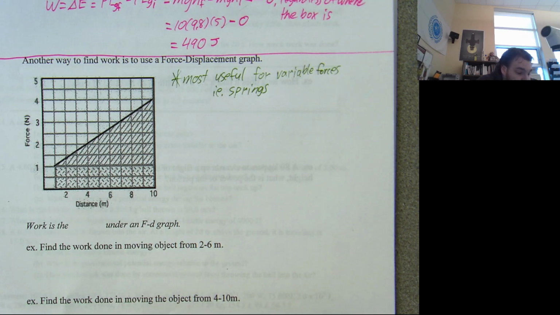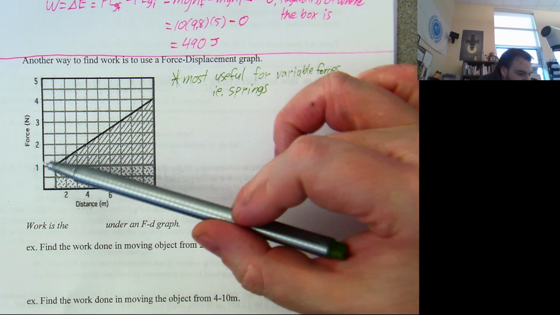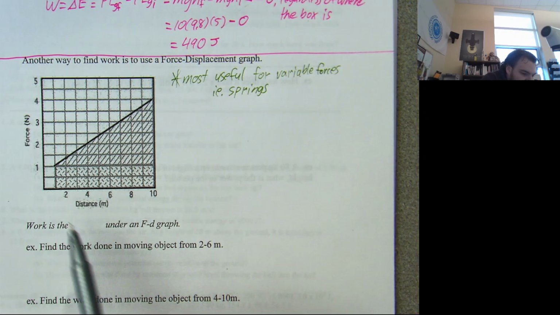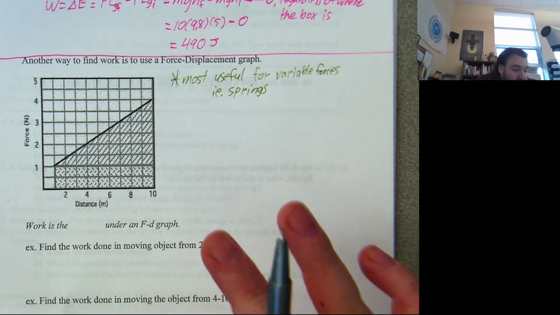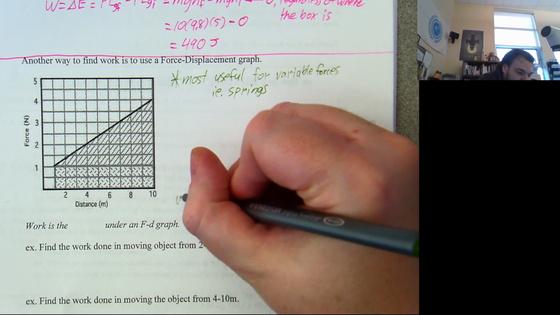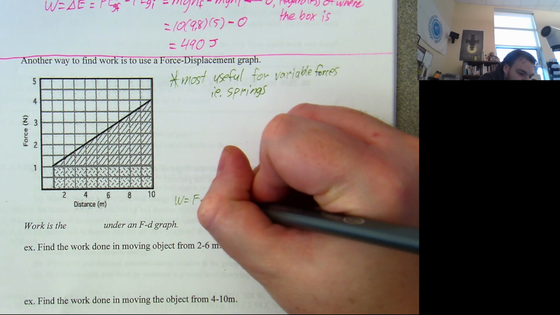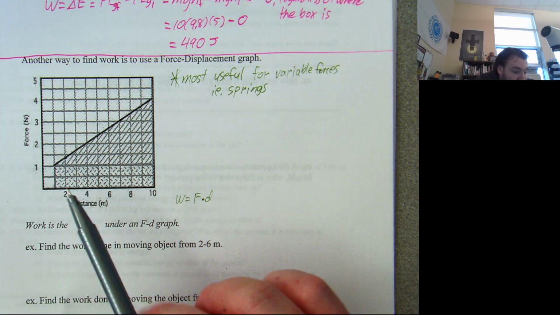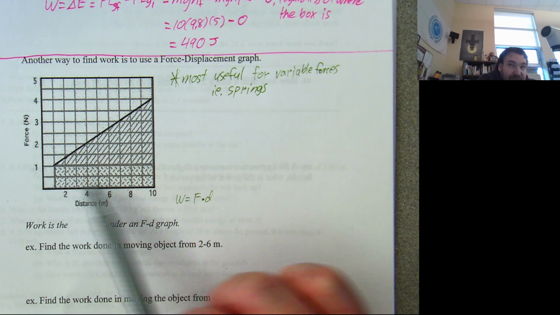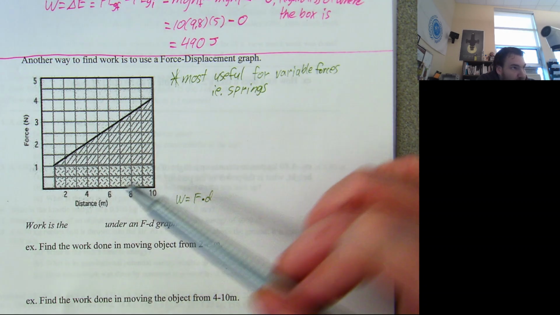So here's an example. I've got this graph here. On one side, I'm labeling the force. On the other side, I'm labeling the distance. So we said before, work is equal to a force times a distance. Well, if I'm taking values of force and multiplying it by values of distance, what am I doing on this graph?